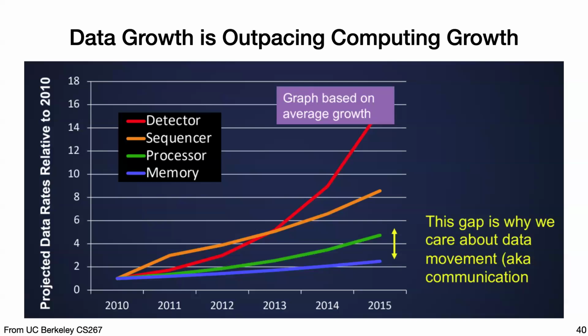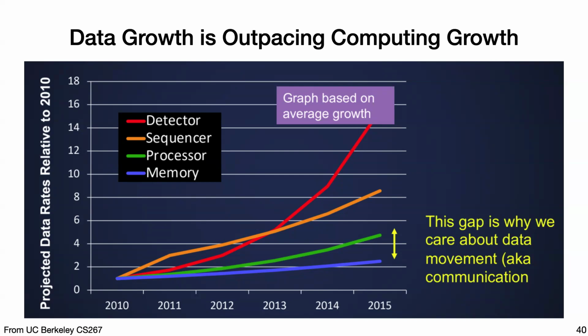Unfortunately, this is, I guess, reality in computing nowadays. This is one example, genomics. You have a detector and a sequencer. The detector is the thing reading in the genome. The sequencer is the thing processing it in a way that we can understand. The y-axis is the rate of data growth relative to the starting point, which is at 1.